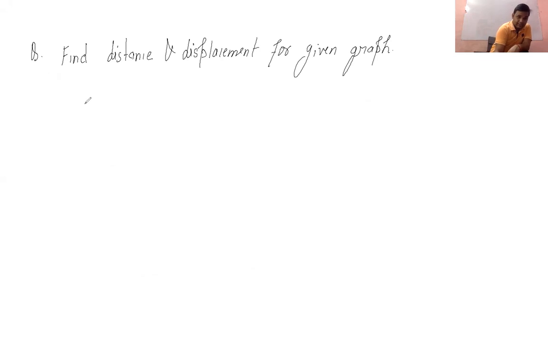Okay, and the graph is, here it is velocity, and it is your time. So the velocity at t equal to 0 was, let's say, 4 meter per second.